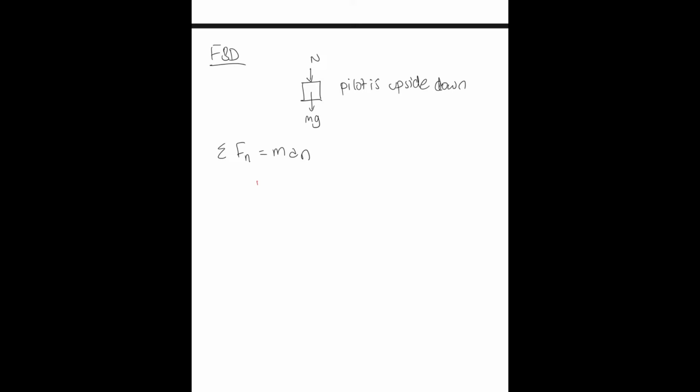This is Newton's second law for curvilinear motion. Now, if we recall what a_n is equal to, the normal acceleration, it's v squared over rho, the radius of curvature.